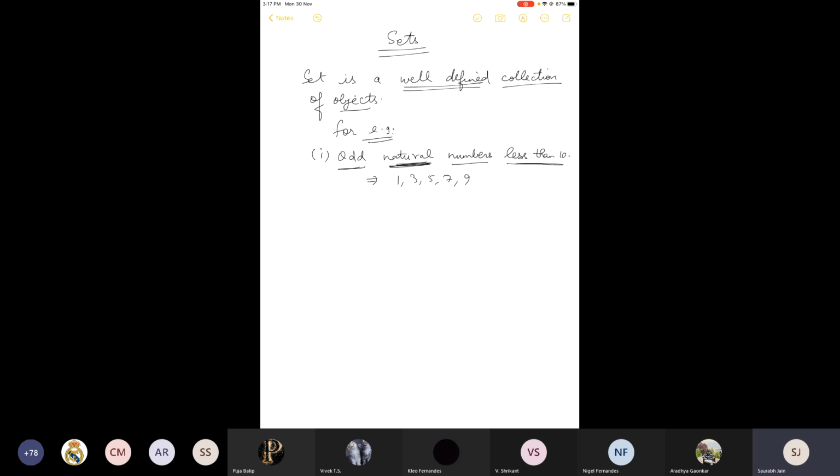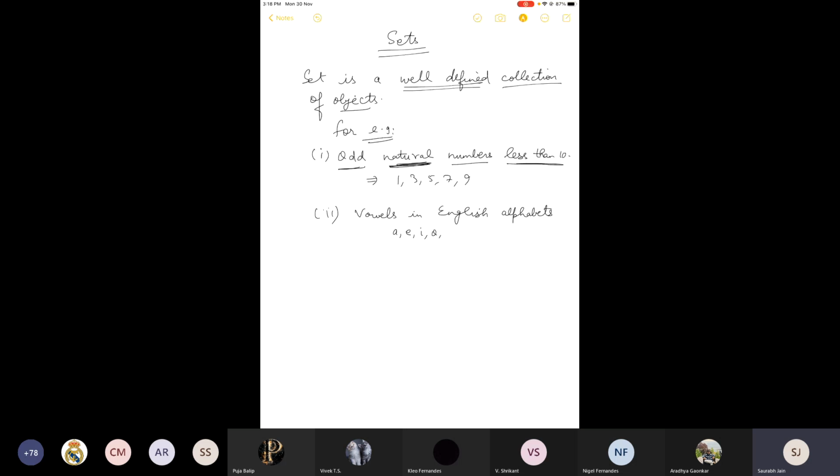One more thing. Then like the vowels in the English alphabet. This time the objects are alphabets and in particular vowels A, E, I, O, U. So this is also well defined.